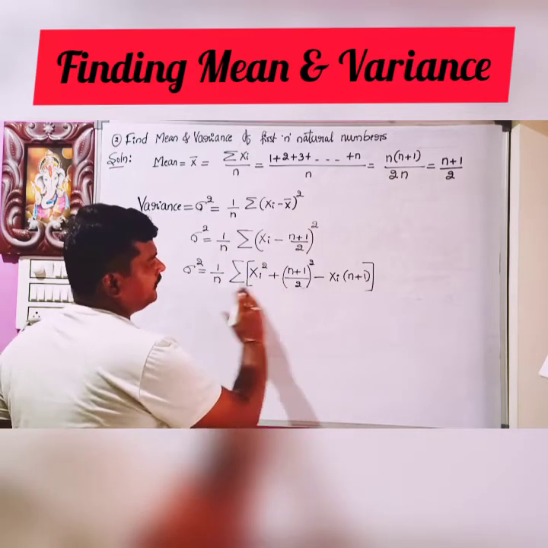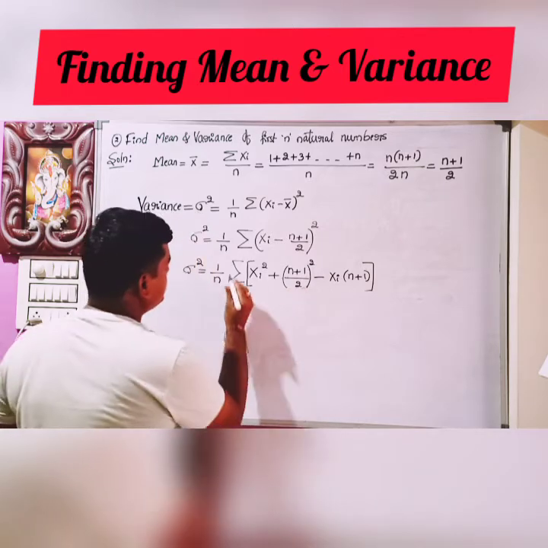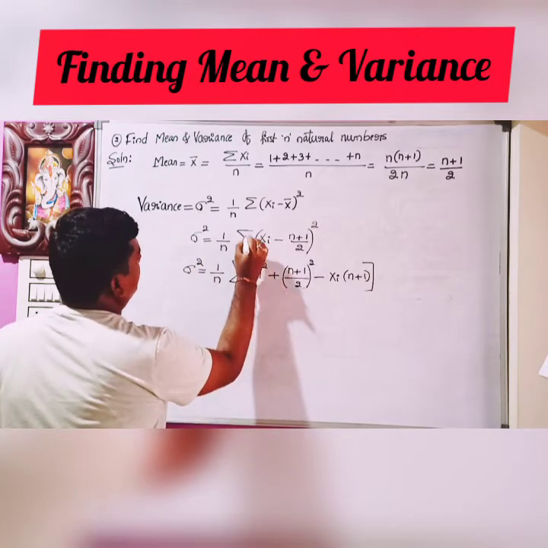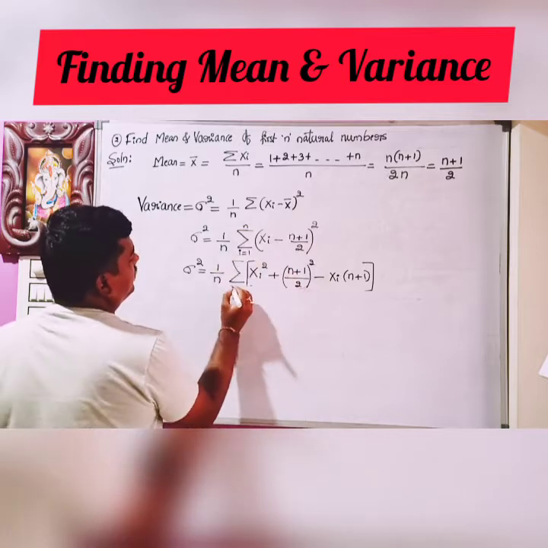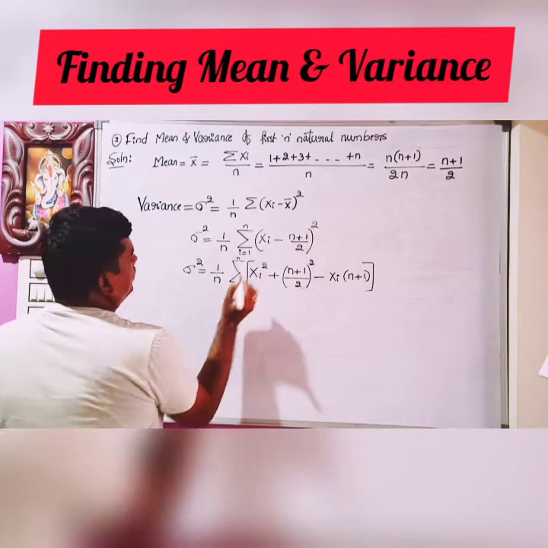Now we take the separate summation for all the observations, where the variable i goes from 1 to n.